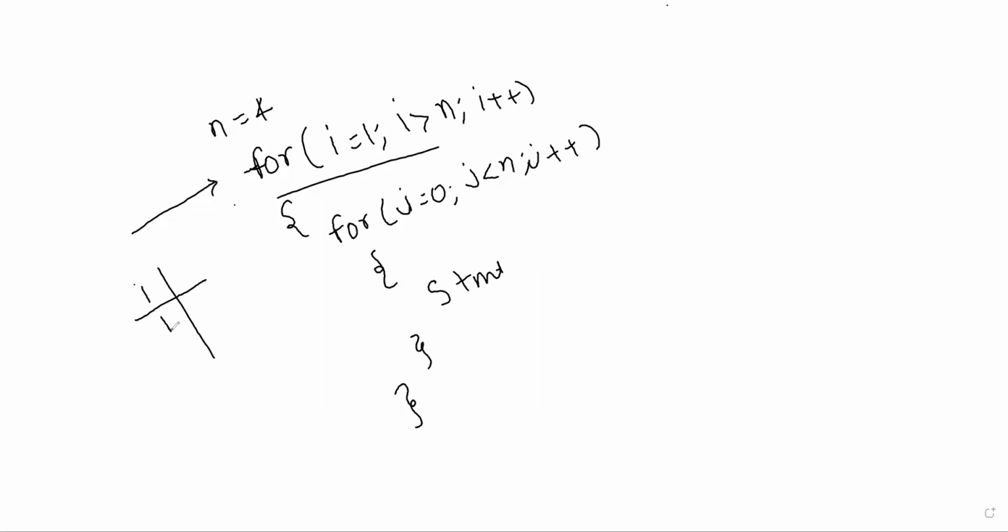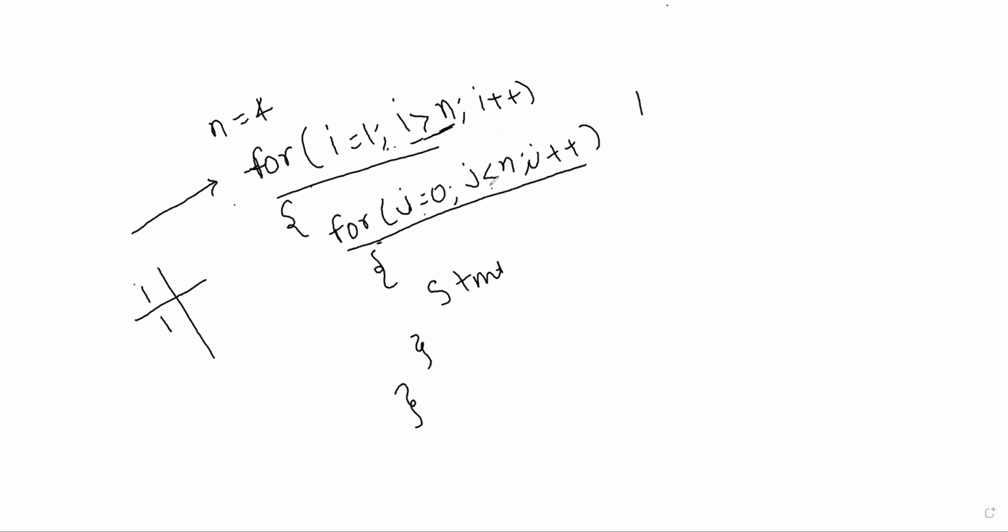1. Okay. So 1 is greater than 4? What is the condition? 1 is greater than 4. So how many times now? Tell me how many times this would get executed. One time. Okay, so this one time, and now it goes here.